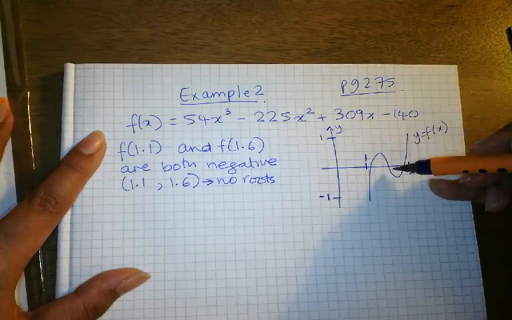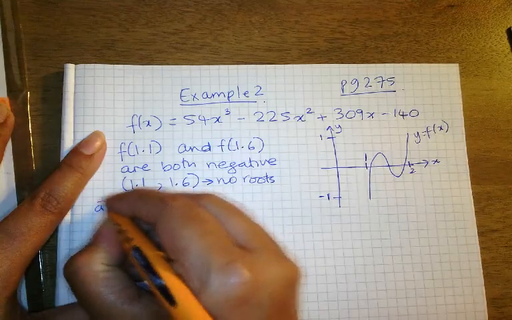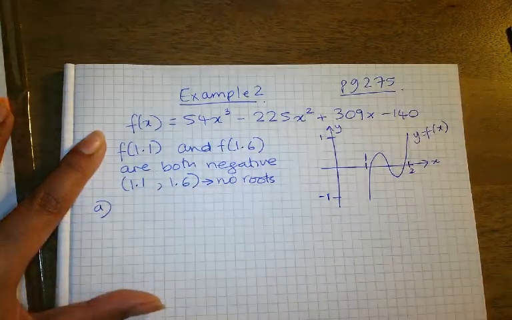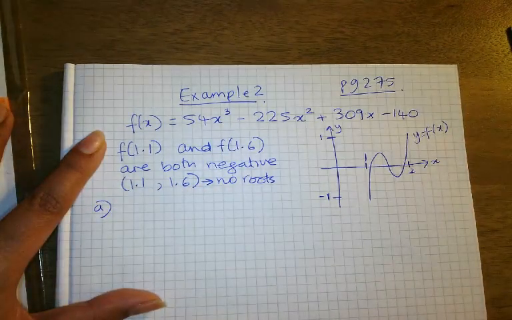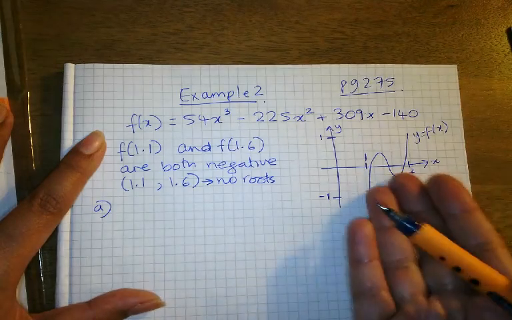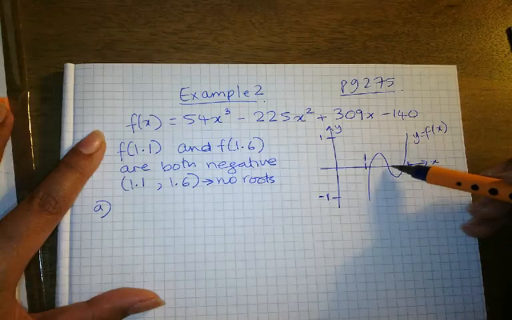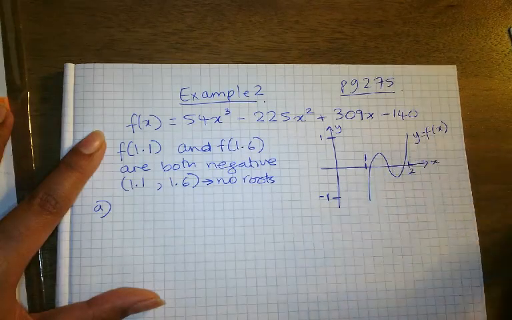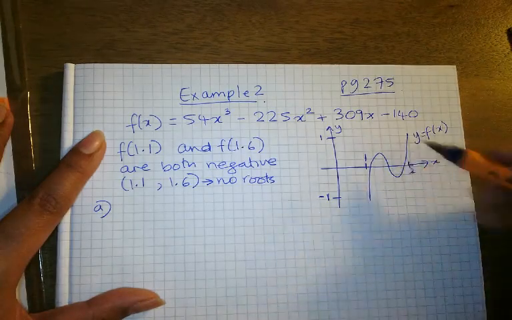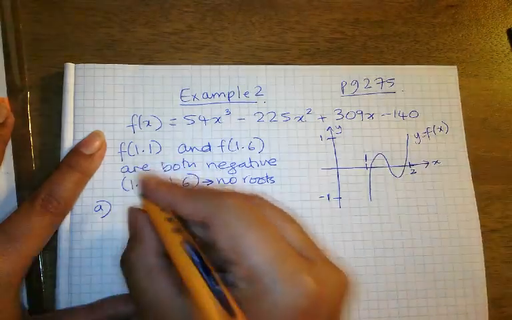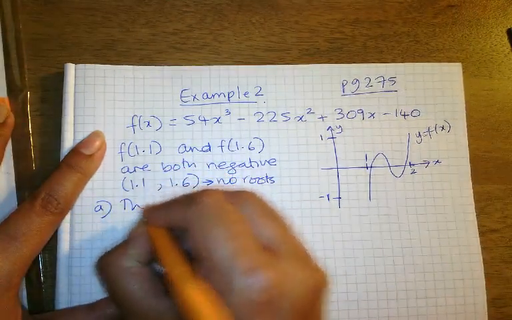Now we need to explain by reference to the diagram why the student is incorrect. By reference to the diagram, we can clearly see that there is at least one or possibly two roots between that interval. So we just need to write that down.